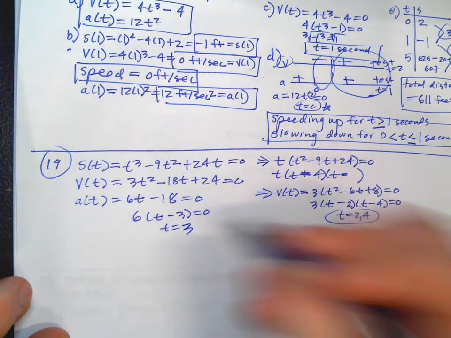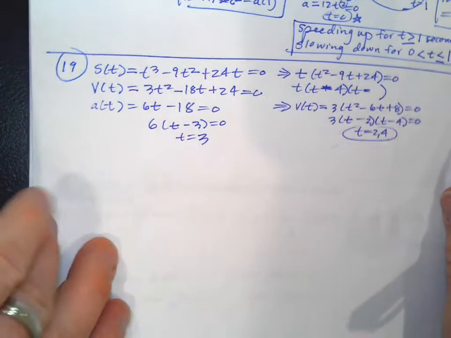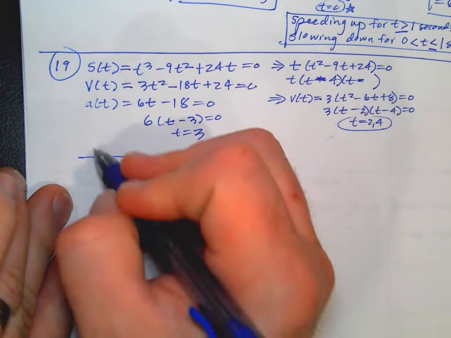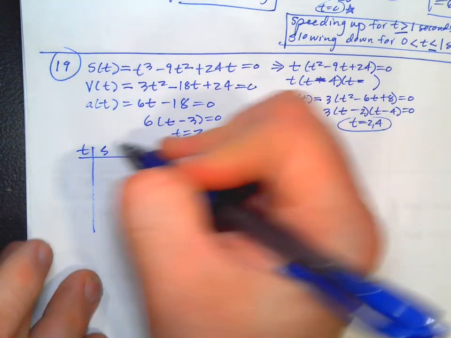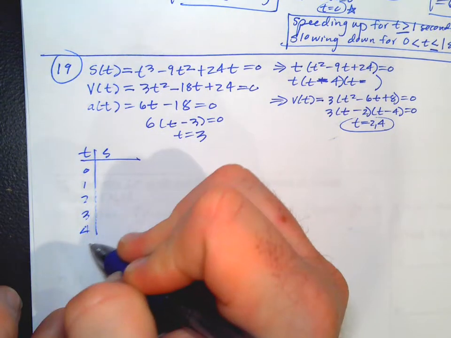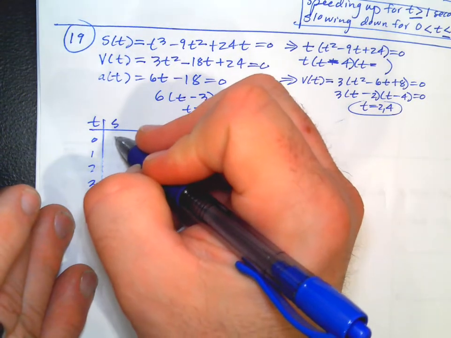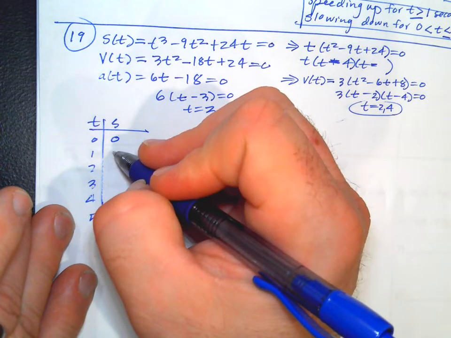So I'm really just trying to find all the information about this, and then we're going to make a picture. One thing we could do is make a table and plug in a bunch of times, like 0, 1, 2, 3, 4, 5, into the position equation. You plug 0 in, you get 0. You plug 1 in, you get 1 minus 9 plus 24, that's 16.